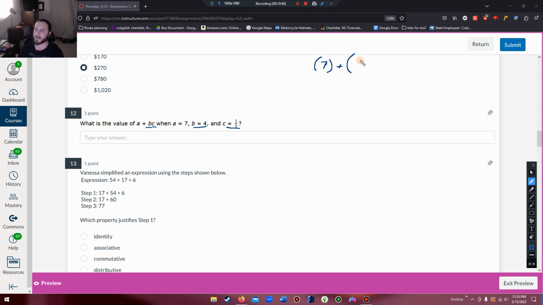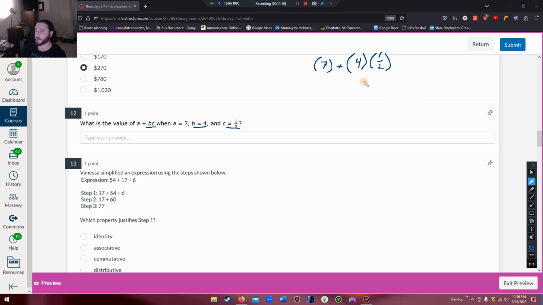So we have 7 plus 4 times 1/2. Okay, well, we have to do the multiplication first, so we have to find 4 times 1/2, or find what is half of 4. Pretty easy. Half of 4 is just 2.